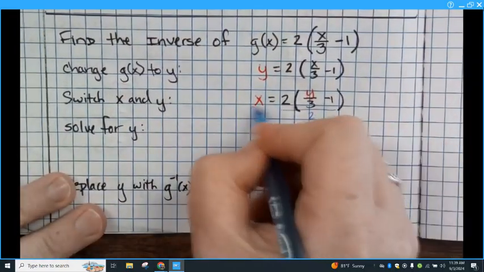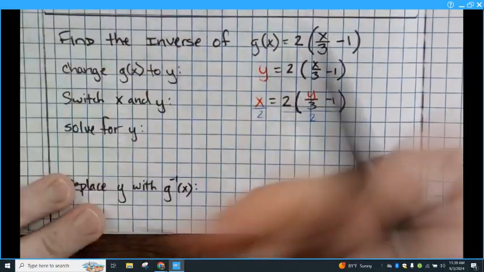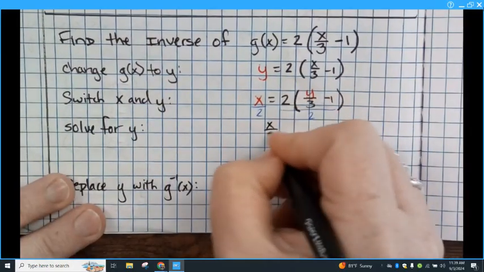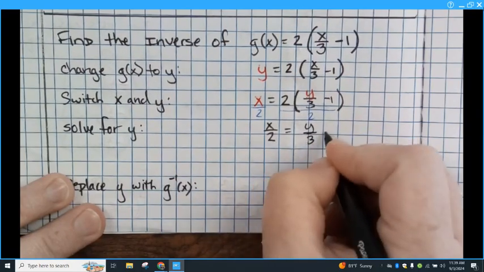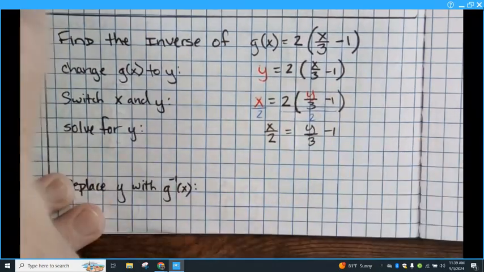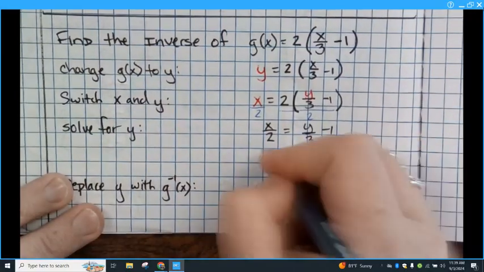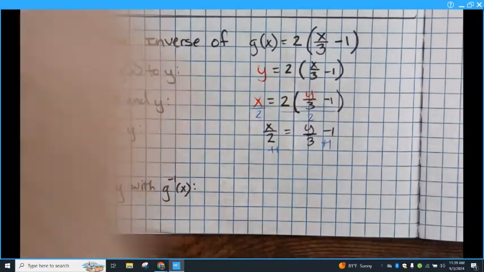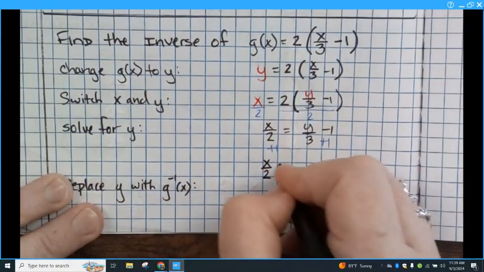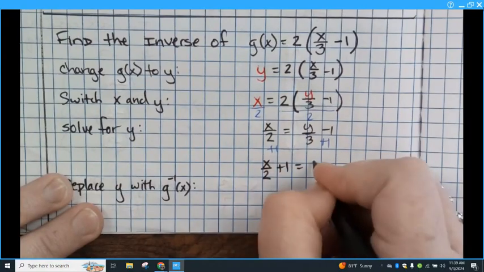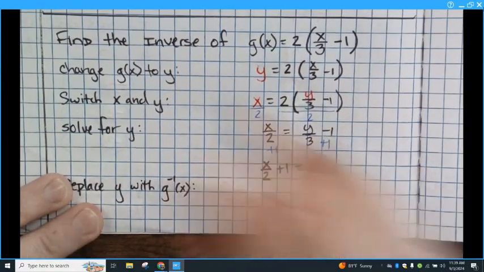Divide both sides by 2. So I've got x divided by 2 is equal to y over 3 minus 1. Now I'm going to add 1 to both sides. Those are unlike terms. So we've got x divided by 2 plus 1 is equal to y over 3.